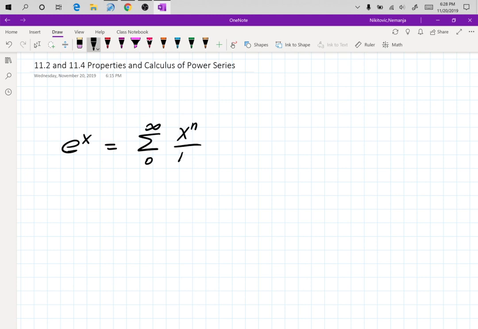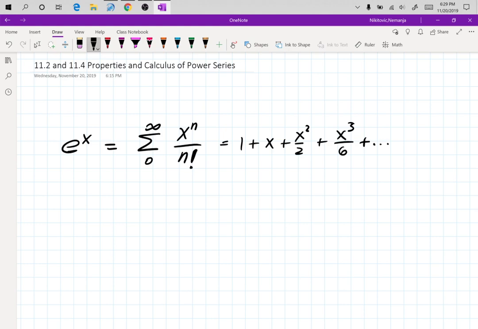Very good. x to the n divided by n factorial, and that one can be 1 plus x plus x squared over 2 plus x cubed over 3 factorial, which is 6, plus ... And we also saw that keeping 3, 4, 5 terms, you are already getting an awesome precision for your calculations around where you chose to center your problem.